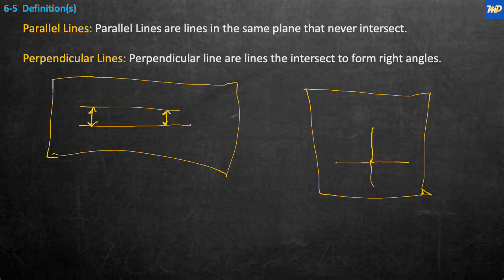It can actually go through and cut it, and it forms right angles. So this line here, A, would be perpendicular to B. I think you understand that. You've known that for a long time now. Anyways, good.